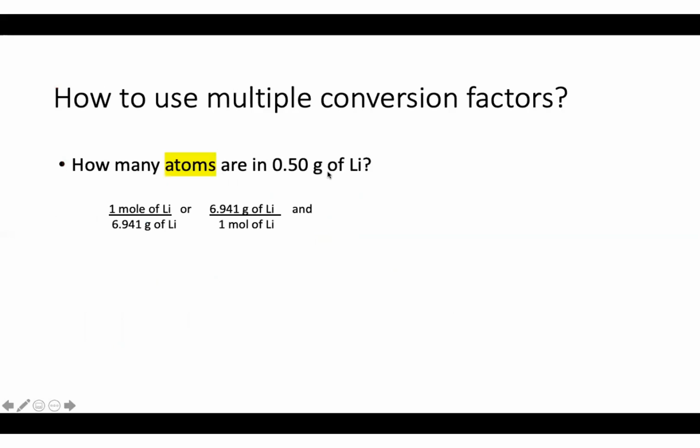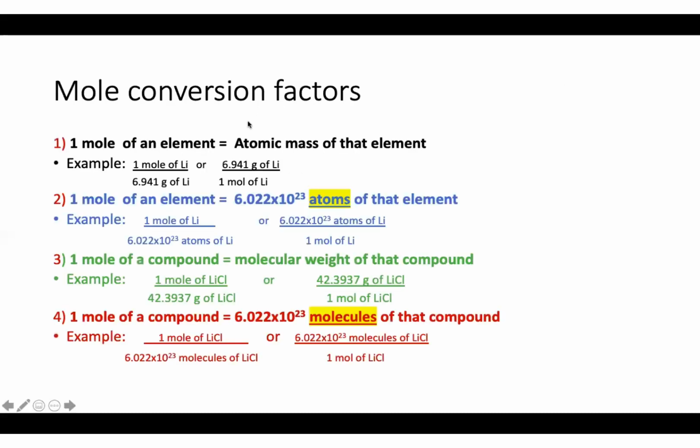Now, how to use multiple conversion factors. Let's start with a question. How many atoms are in 0.50 gram of lithium? Let's see which of those 4 conversion factors I should start with. I have lithium, which is an element, so for sure I should use either number 1 or number 2, because they talk about elements.